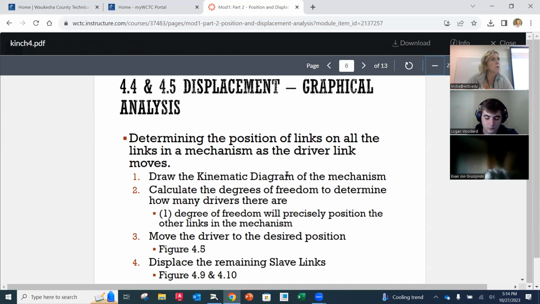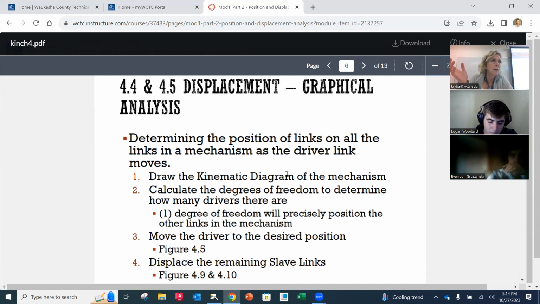Most of the things we're going to look at are 4-bar mechanisms, so many times we're going to have just 1 degree of freedom. We'll be calculating that and verifying that on all of our diagrams. Then we're going to move into determining what the displacement is going to be based on what's happening on a driver.